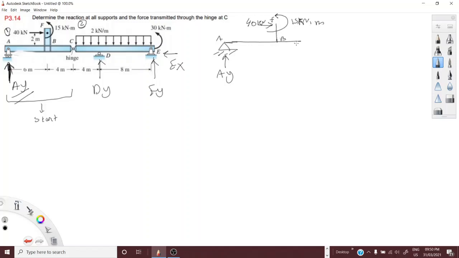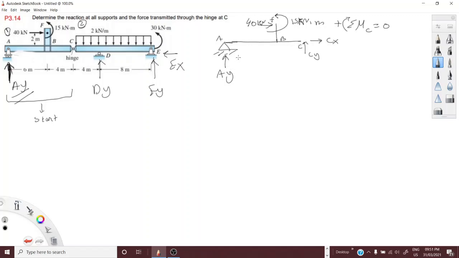And we have here B, we have C. C has to support CY and CX. So we need to find the moment about C in order to find these values. Summation of moment at C is equal to 0. Clockwise, take it as positive. We will find AY.